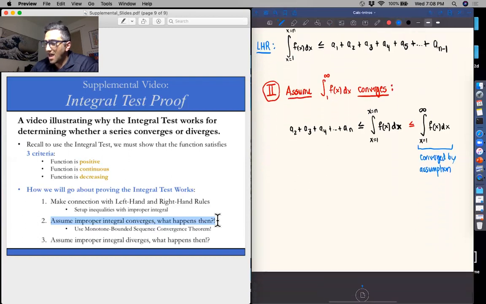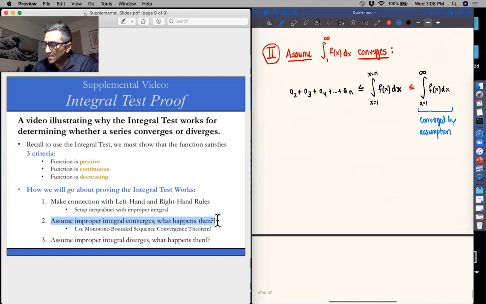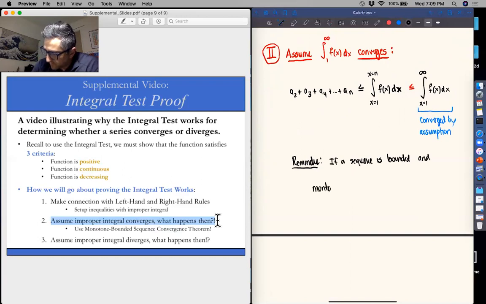So the next thing that I want us to think about really fast is just a reminder that if we have a sequence that is bounded and monotonic, then it converges.